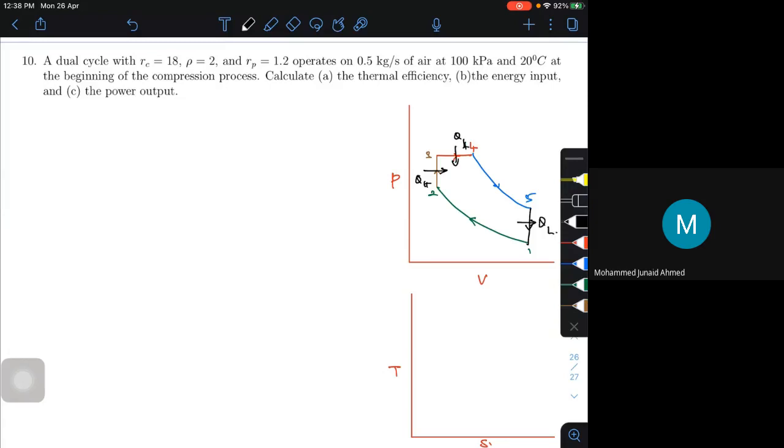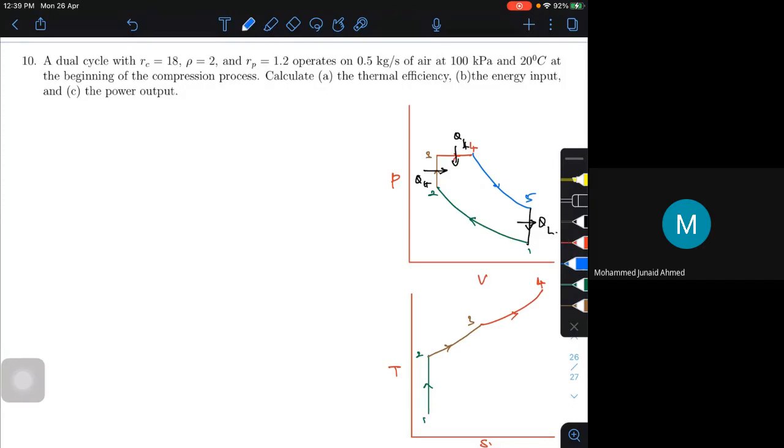Similarly, if you draw the TS diagram, 1 to 2 is an isentropic process, a straight line. Then you have constant volume heat addition, a slightly flatter curve, 2 to 3. Then constant pressure heat addition, 3 to 4.